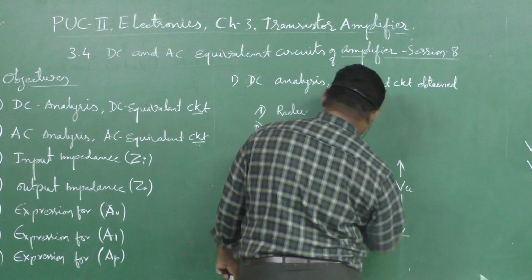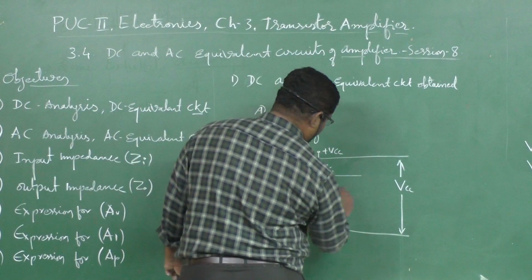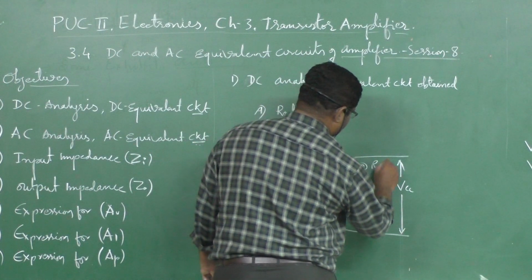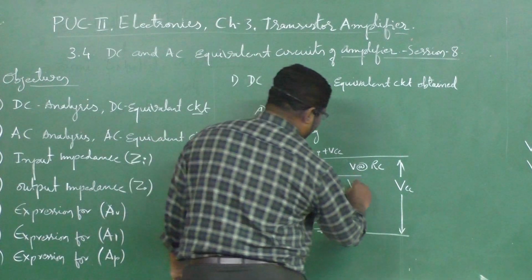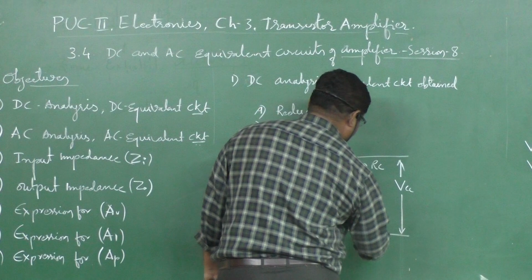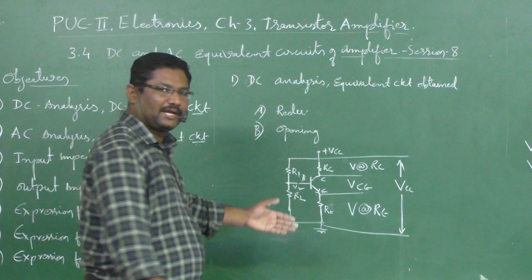This VCC is categorized into three components: the voltage at RC, the voltage between C and E, and the voltage at RE. So can I write like this?